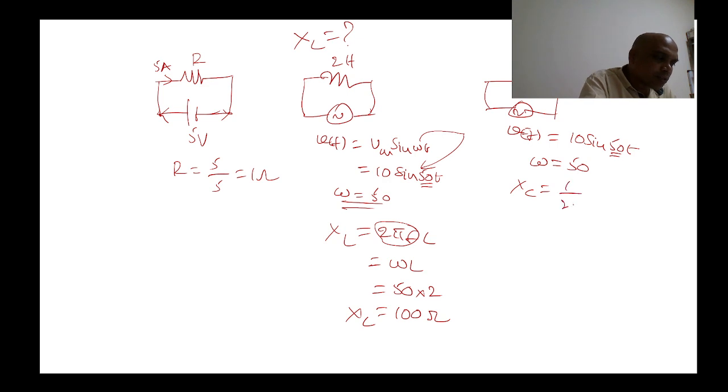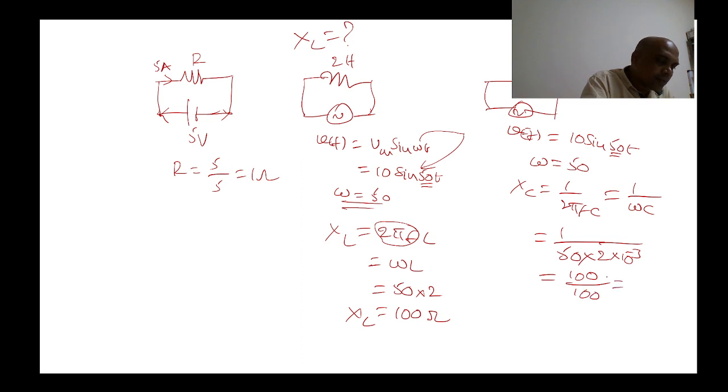So XC equals 1 by 2 pi FC. 2 pi F is nothing but omega, so 1 by omega C. Omega is 50, capacitor is 2 millifarad, 2 into 10 to the power minus 3. So what is the result? 1000 by 100, which means 10 ohm. So this is about calculation of inductive reactance and capacitive reactance.